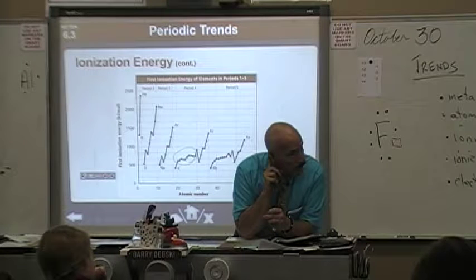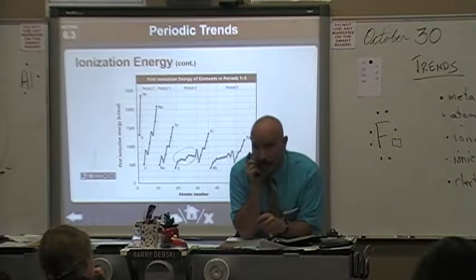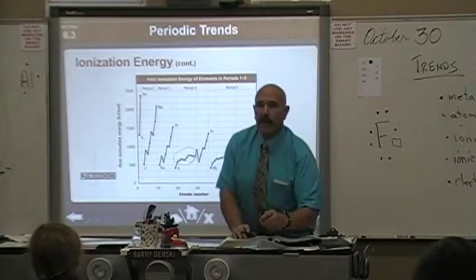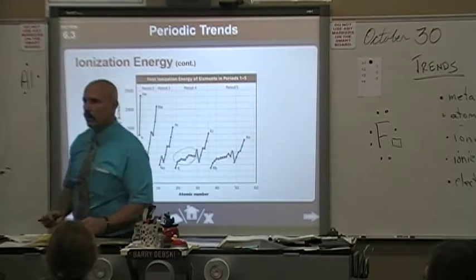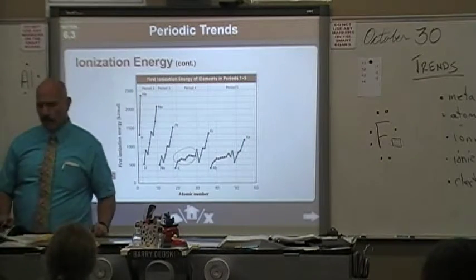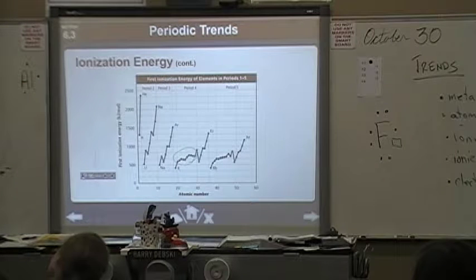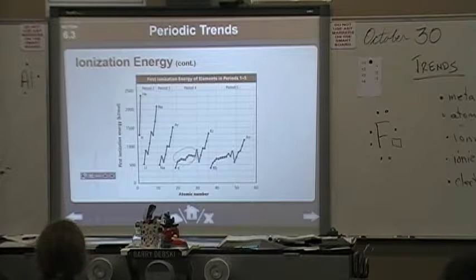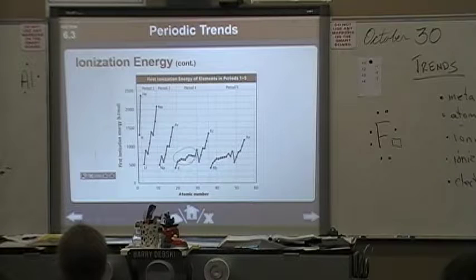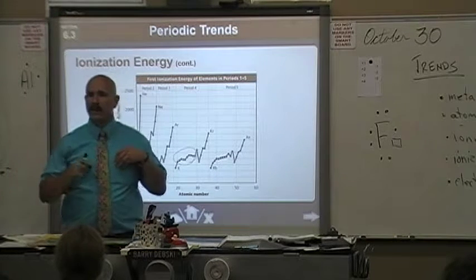S orbital? And Sophie? It's the first electron in a p orbital. All by himself in one of these. Okay? All by himself out there. He's lonely.